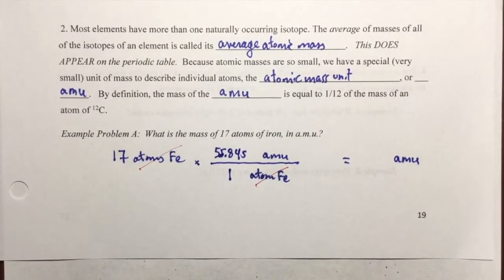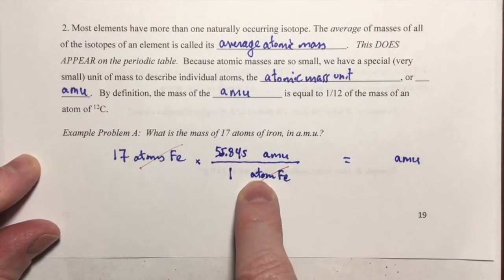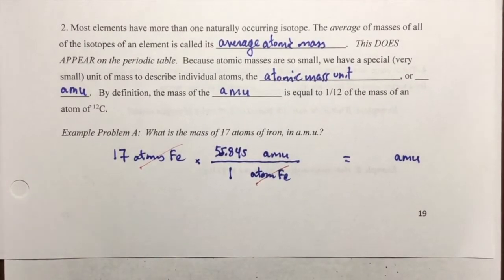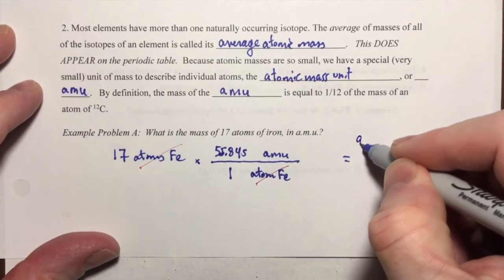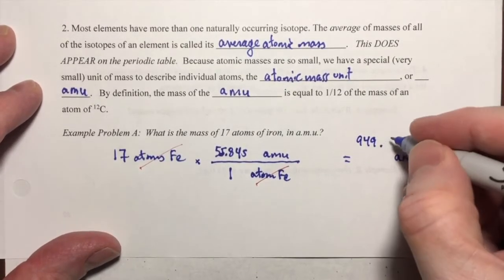And you can see now that I have all my numbers, there's nothing in the denominator, they're all ones in the denominator. So my answer is just multiplying the numerators across. So if I multiply 17 times 55.845, I get an answer that is 949 point, my calculator says 365.